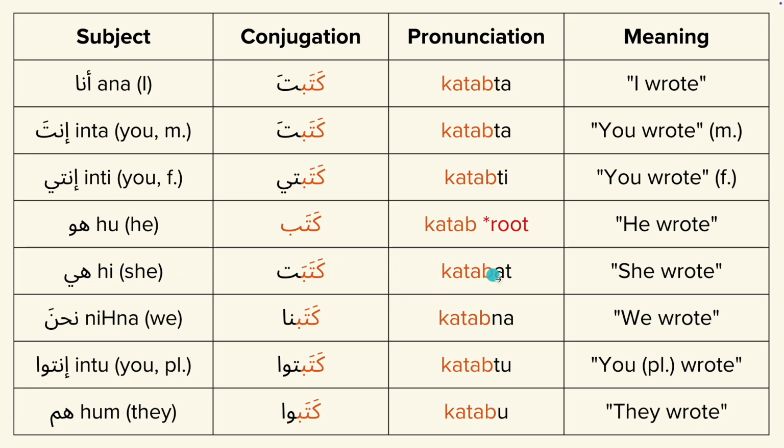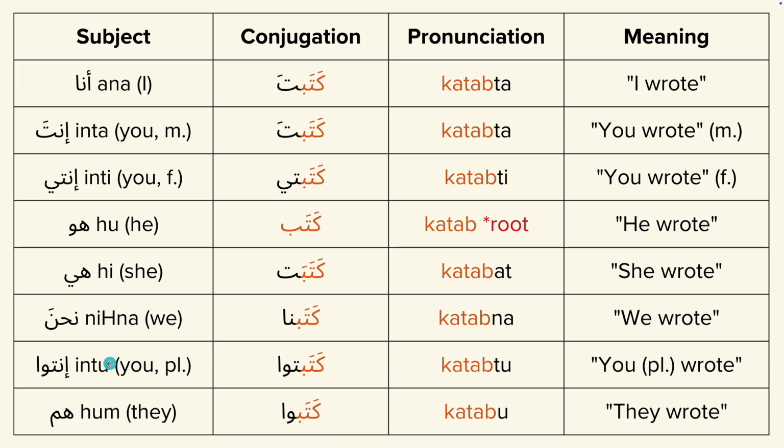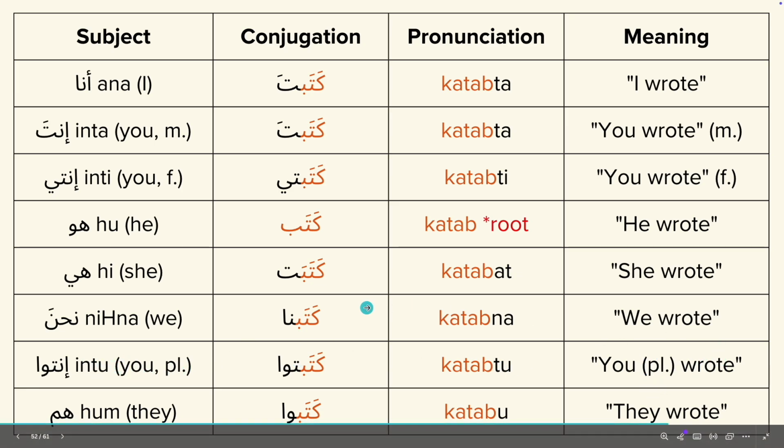And now to say we wrote, you need the pronoun we, which is nihna, and then the root katab, and then the suffix na. Nihna is similar to the ending of the verb. You notice it? Nihna katabna. Okay? Into, you all wrote. كتبت, into, كتبت. And lastly, they wrote.